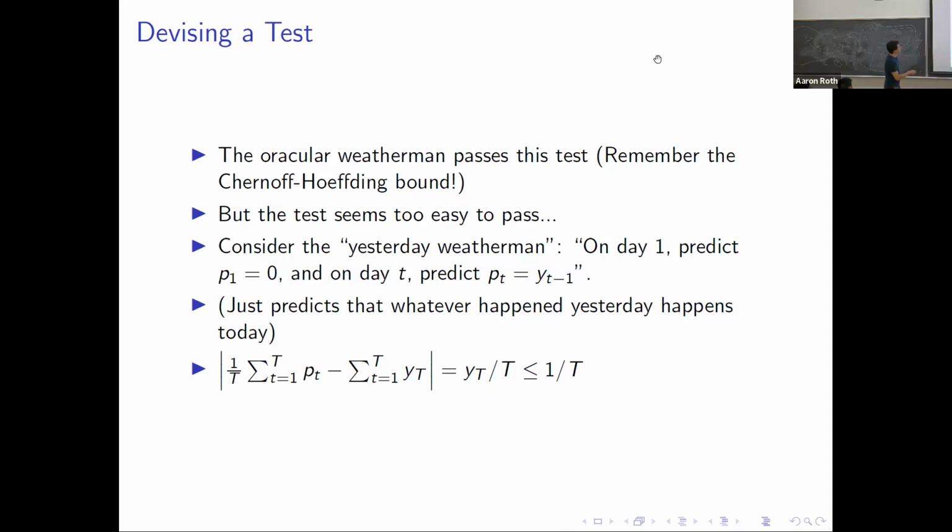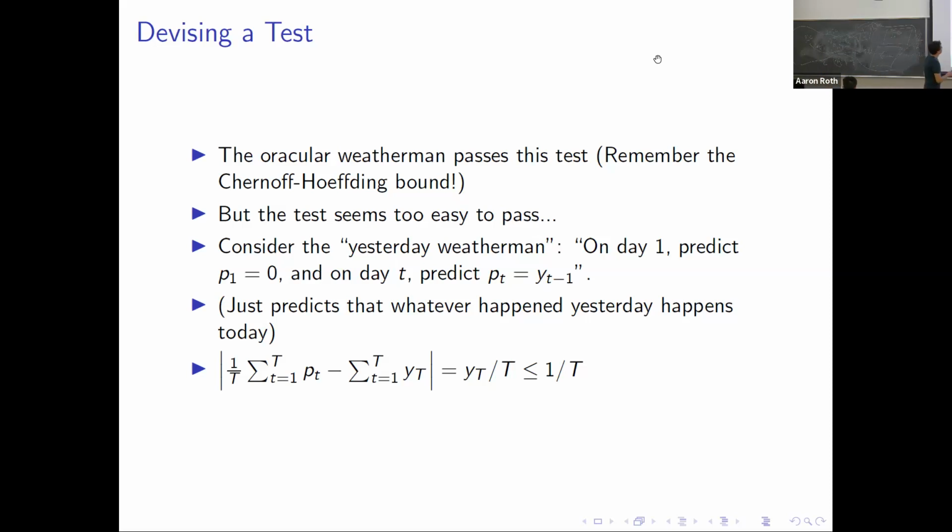And so the difference between the average of his predictions and the average of the outcomes is at most 1/t, because the sums are the same, except for at most 1 point potentially.